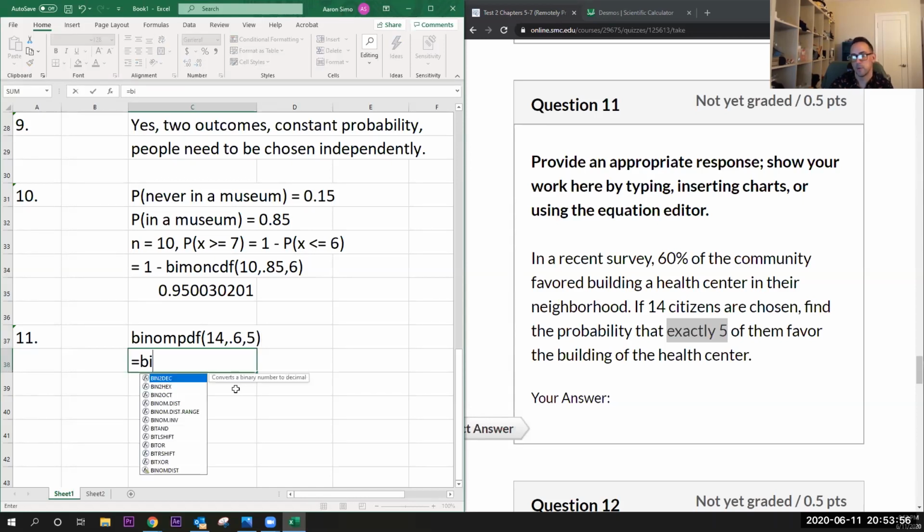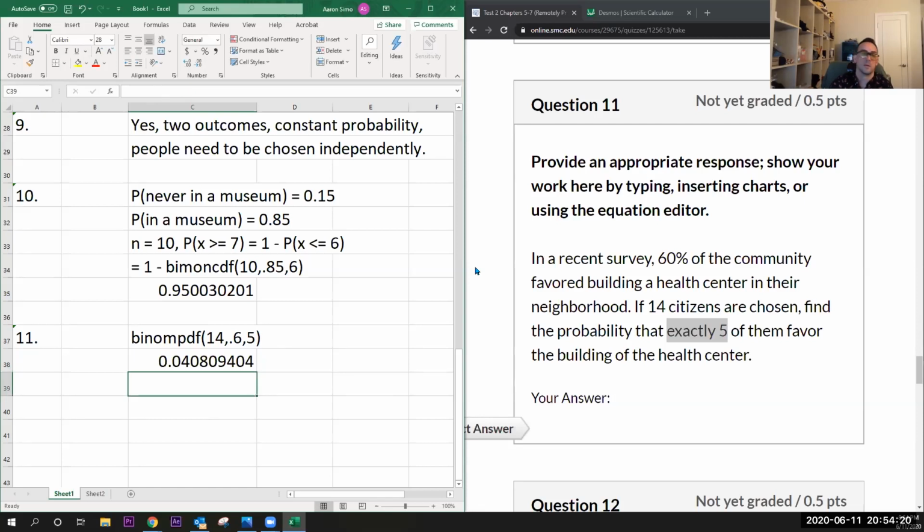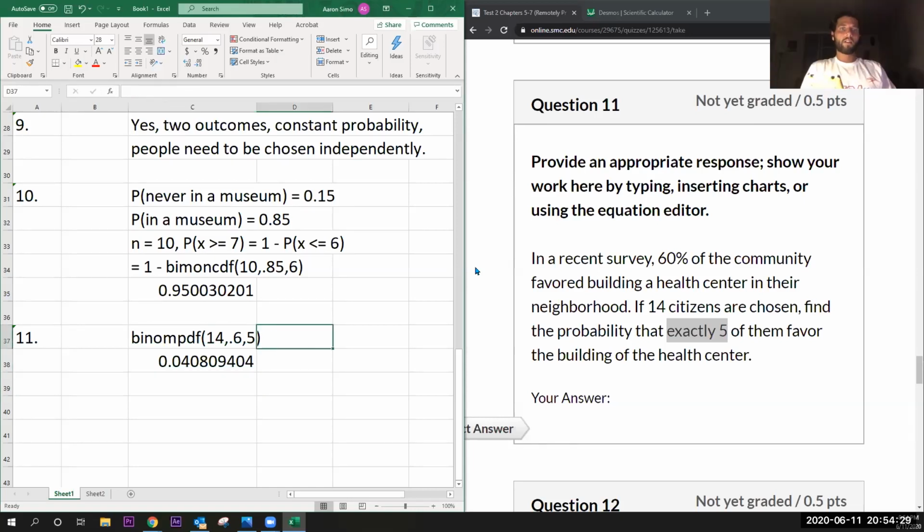On Excel we do it differently: binomial.dist, I put 5, 14, 0.6, and 0 for false. Did you get that? Because there's 14 that we chose. N equals 14. Right? You got it? Cool.